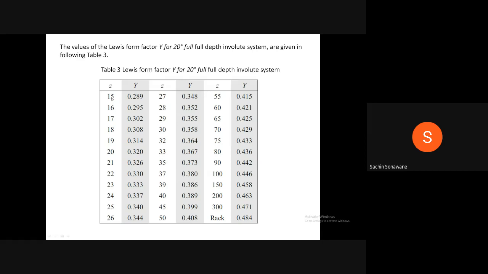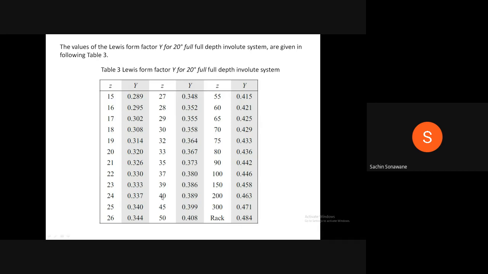for 15 teeth, the Lewis form factor is 0.289. Similarly, for 16, 0.295. For 18, 0.308. For 20, 0.320. For 21, 0.326. Like this, for different numbers of teeth, the Lewis form factor is given.